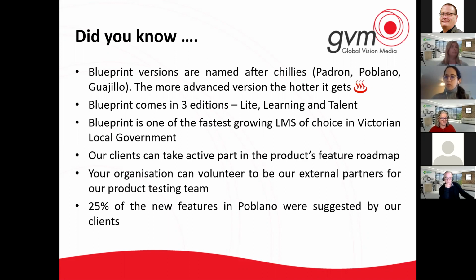And in Poblano, as a testament to what I said earlier about the active part of our clients in the product feature roadmap, 25% of the new features in Poblano were actually suggested by our clients. So let's see what the features are in Poblano for the Lite version.